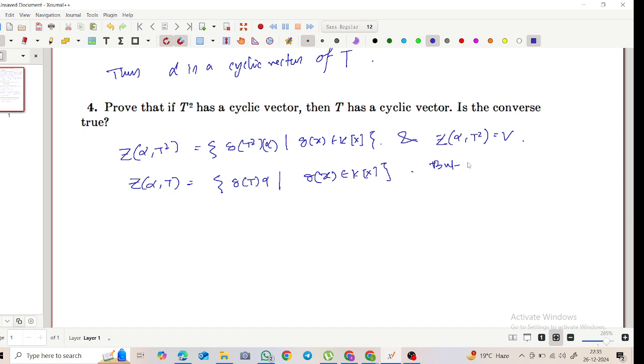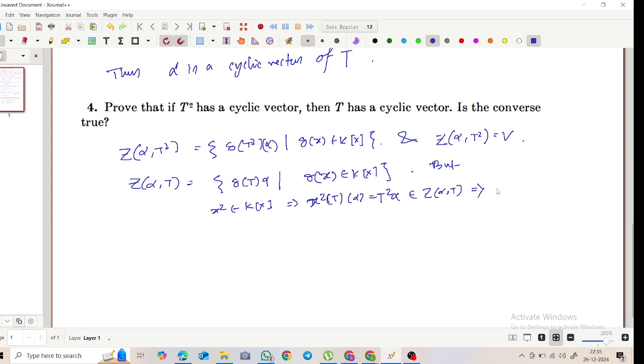But you see one thing, x square belongs to kx, right? This implies x square acting on T of alpha, which is T square alpha, is also in Z(alpha; T), right?